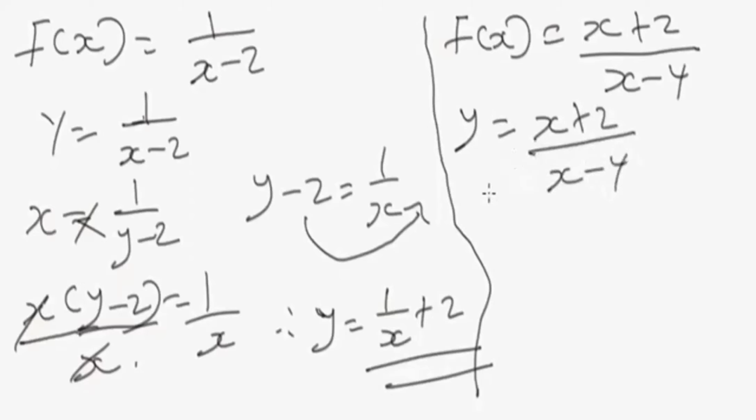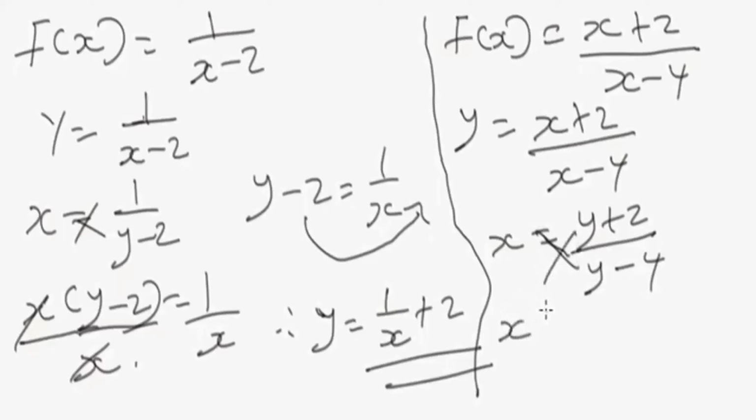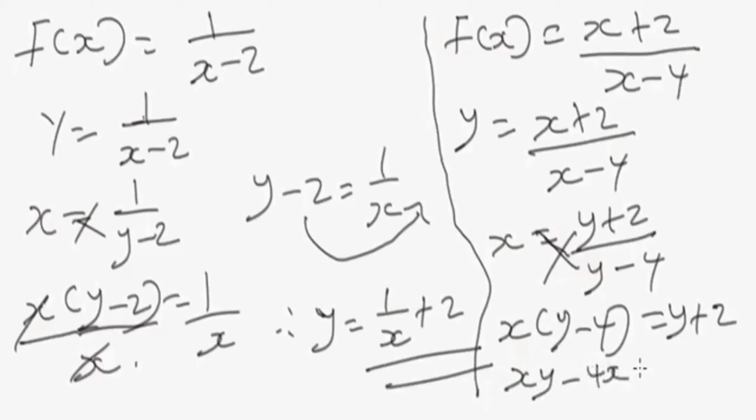Once you do this, remember you then interchange x with y. So when you do it, you're going to have x equals y plus 2 over y minus 4. Then let's make y the subject of the formula. By cross multiplying, we're going to have x in brackets y minus 4 equals y plus 2.